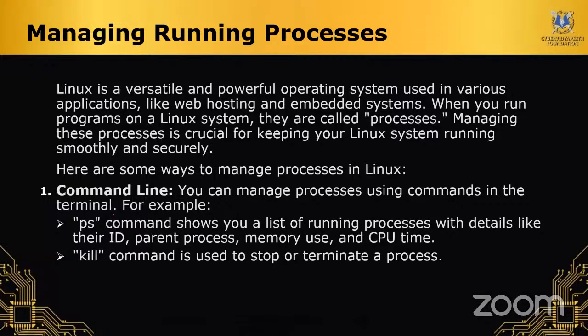By using -u, you can get information about the owner. And we have -f, which is used to display a full-format list of processes with their PPID, which is the parent process ID, process group ID, and more information.